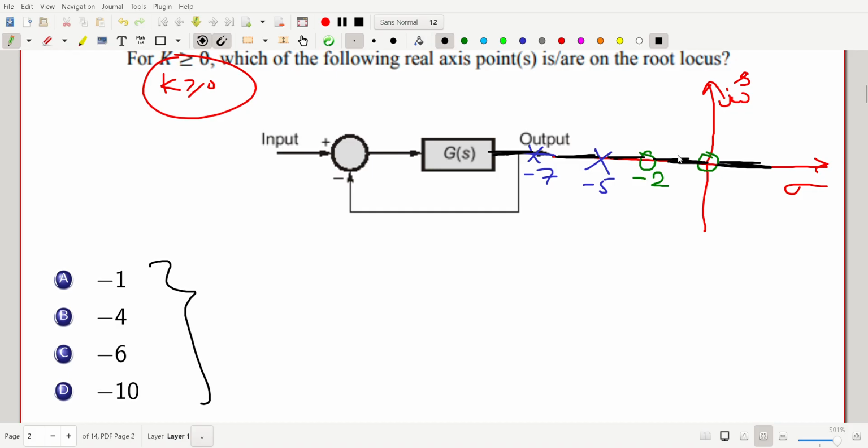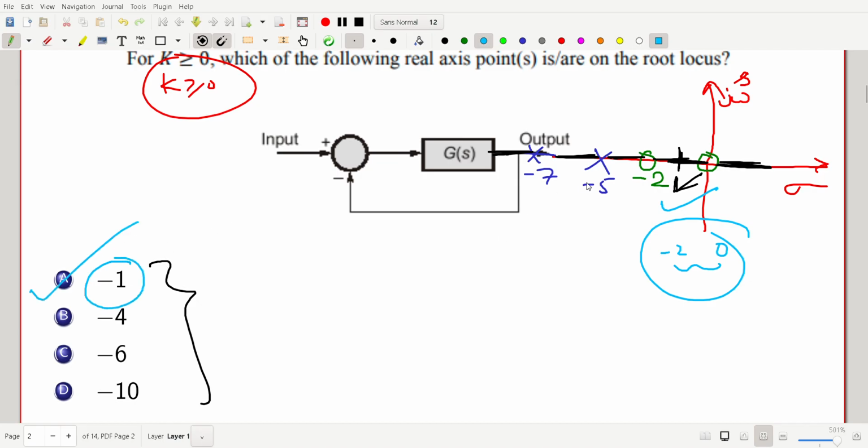If you stay here, there is only one zero to the right, and one is odd, so this is applicable. This branch from 0 to -2 lies on the root locus. In this region -1 also lies, so that is also correct.